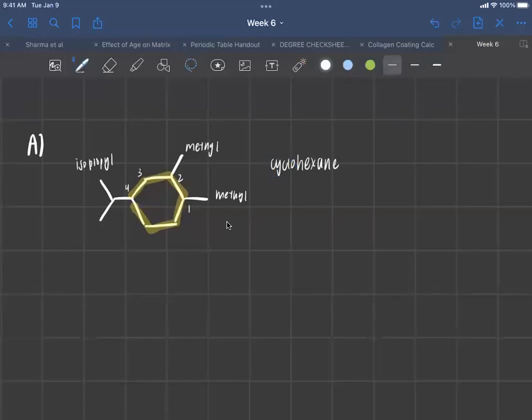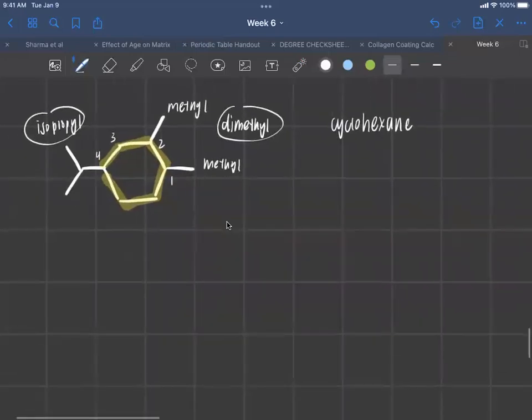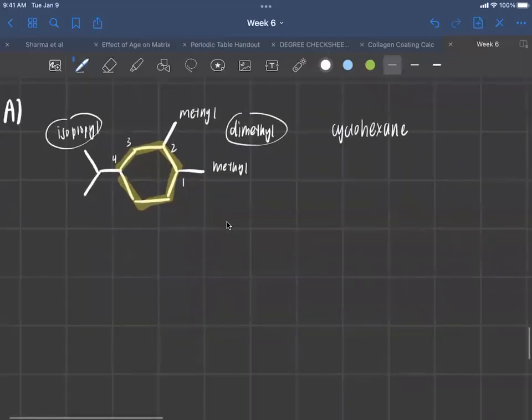All right, so let's go ahead and construct the name for this molecule. Again, I comes first in the alphabet, so we can go ahead and put that first. And one more thing, we have dimethyl because we have 2 methyl groups on the exact same parent chain, right? Okay, so again, isopropyl comes first in the naming.